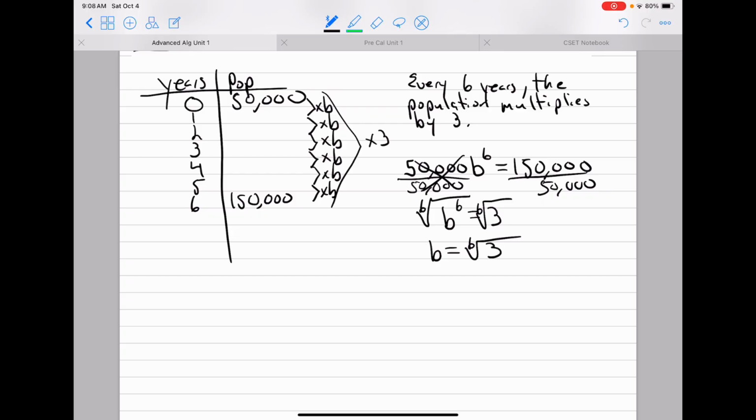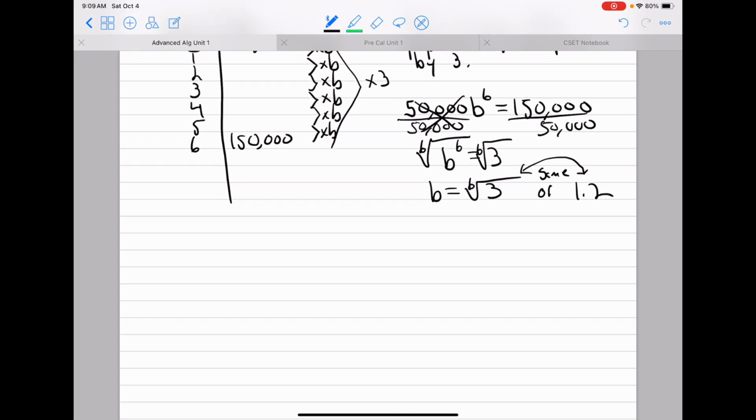So b can either equal the sixth root of 3, or if I calculate it, go ahead and calculate what the sixth root of 3 is. Let's see. The sixth root of 3 is basically 1.2, right? So the sixth root of 3 is about 1.2. So those are the same. All right.